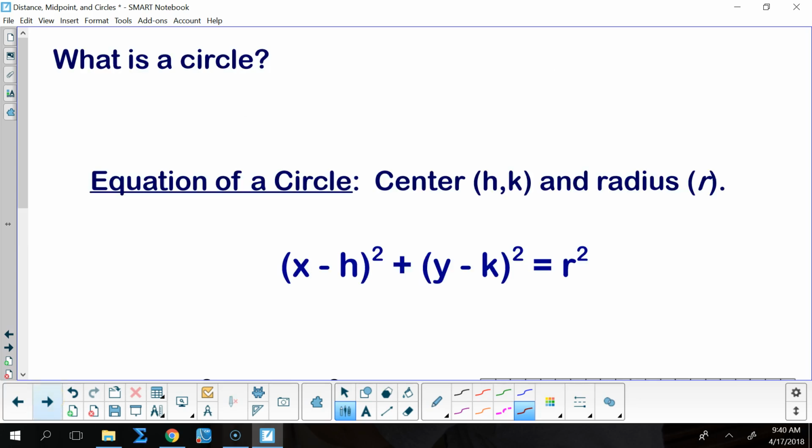So, a circle. Now, if I had you describe a circle, you would probably say it's round. And you're right. It is round.